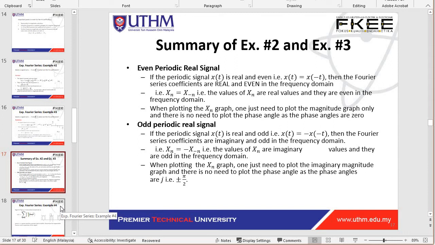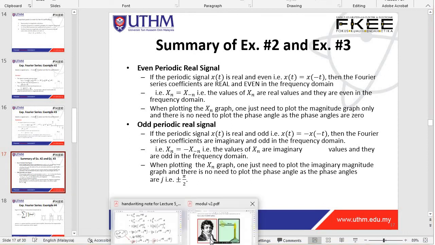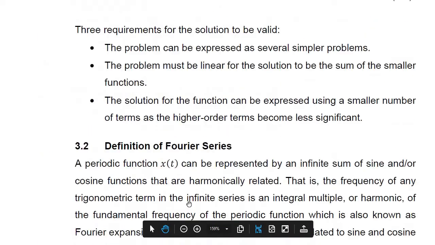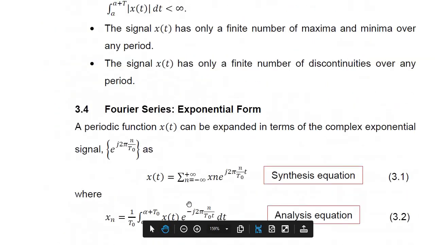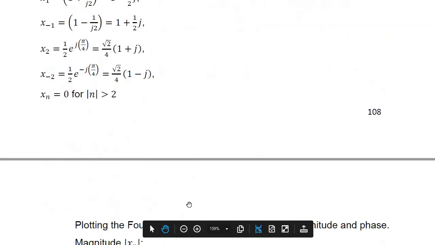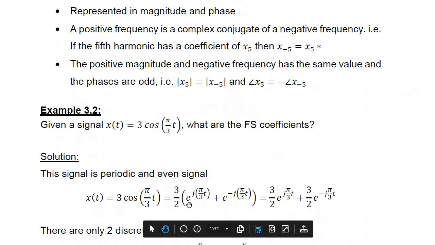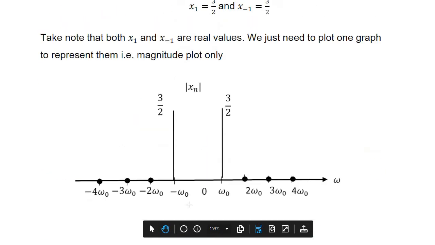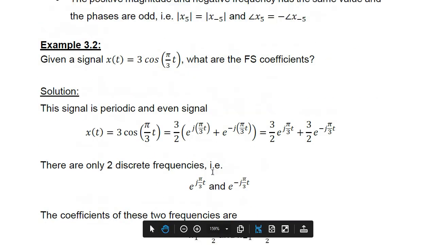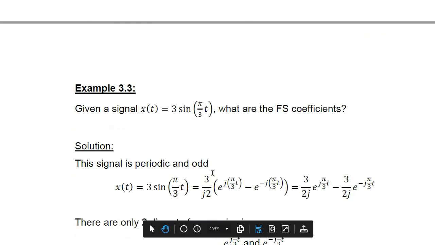If you look at your module, you have another example, example 3.3. Example 3.3 is also the same, but I won't repeat the same things. Let me share with you example 3.3.